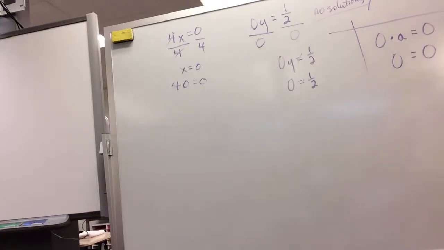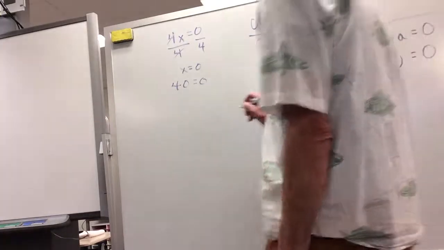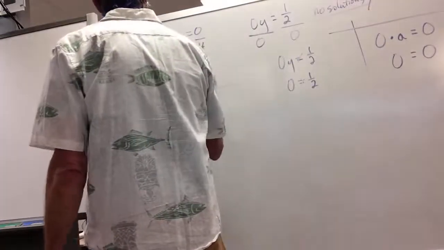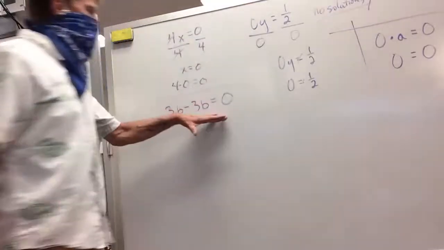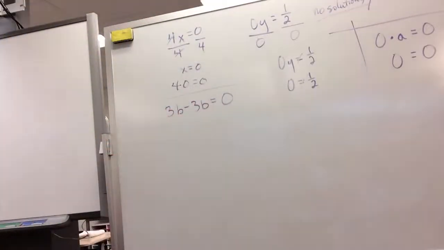3b minus 3b is equal to 0. How do you solve that? They're equal to each other. Well, how do you prove it?